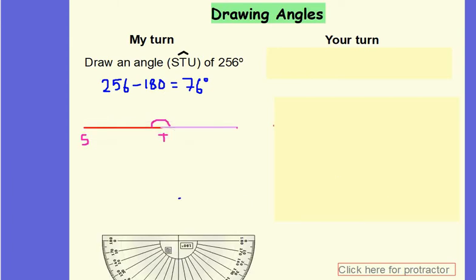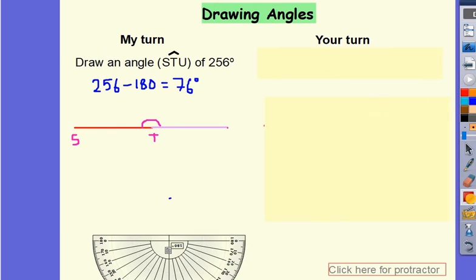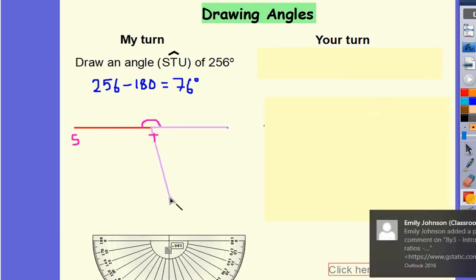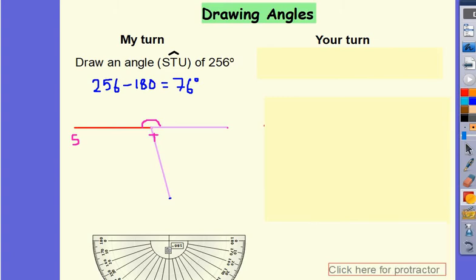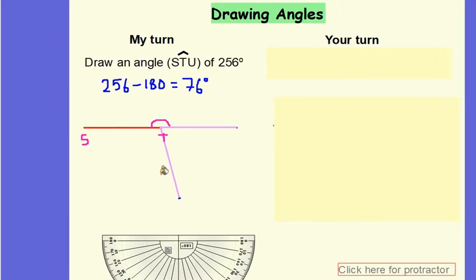If I join up point T and point U now, like so, if I label my final point U, this is point T, this whole angle that I've made is now 256 degrees.